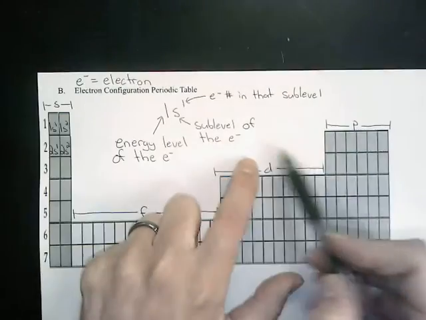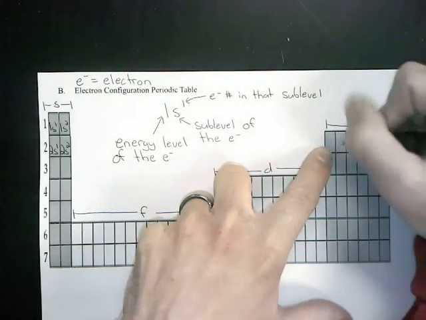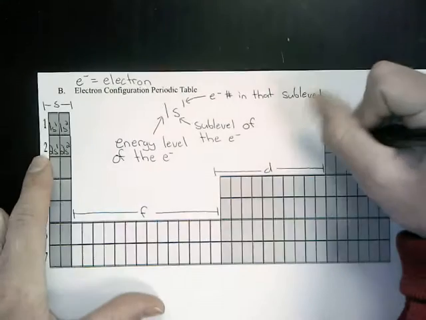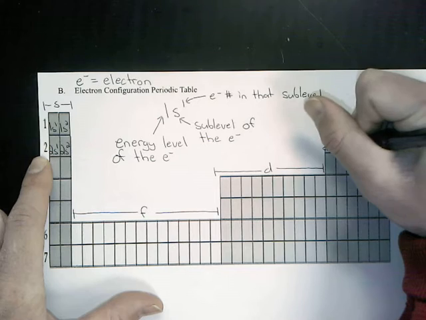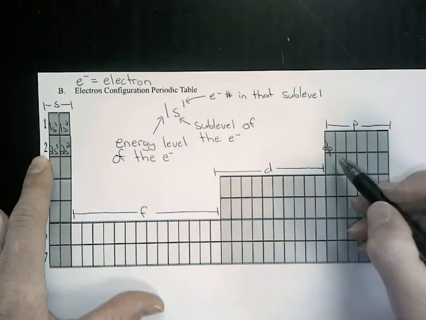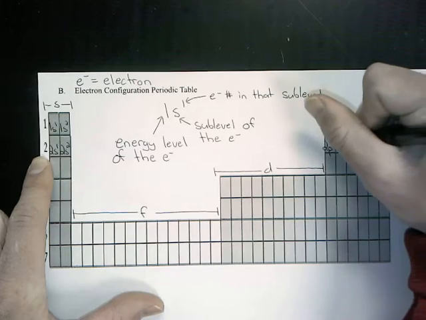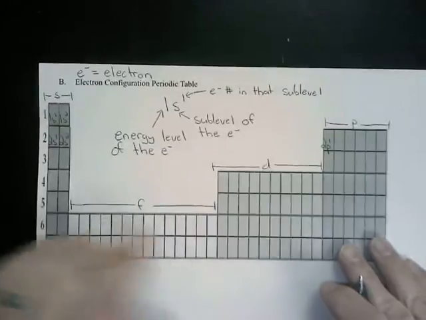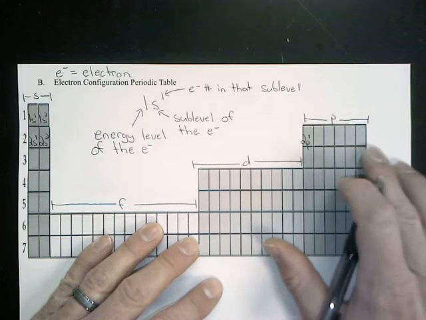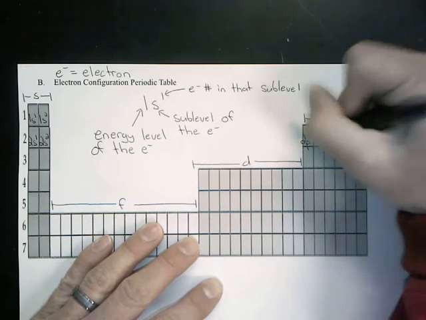Now we scroll over to our P block, and this time we're still in the second energy level. We're now in the P subblock, and because we've shifted to the P subblock, we need to restart our numbering. So that would become 2p1. We label this 2p1 all the way over to the right, 2p6.